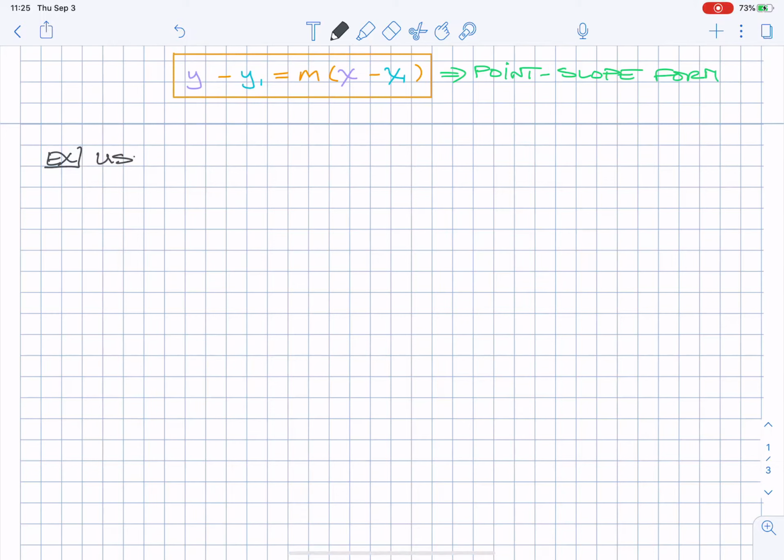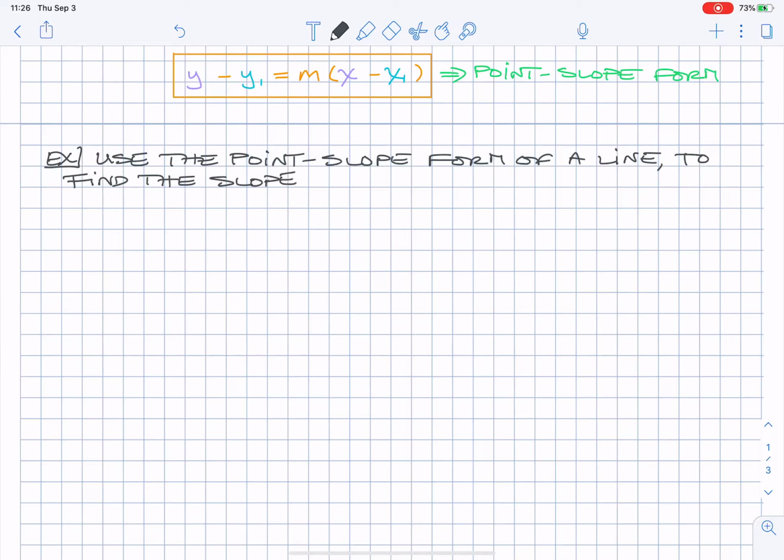So use the point-slope form of a line to find the slope-intercept form of a line in the following.